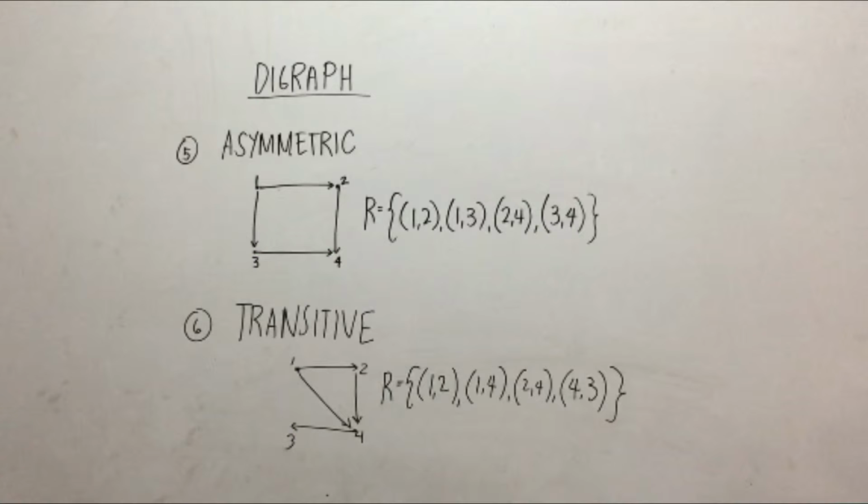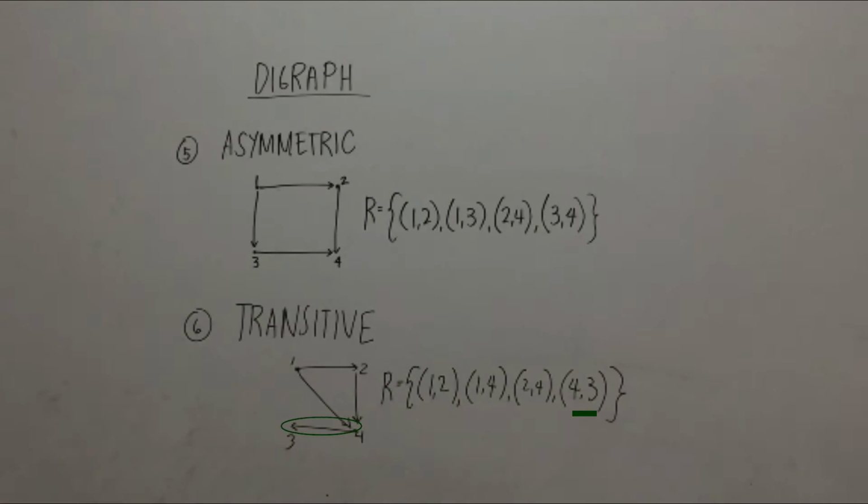Example 6 shows the pair 1 and 2, so an arrow from 1 to 2 is formed. Next pair is 1 and 4, so an arrow from 1 to 4 is formed. Next pair is 2 and 4, so an arrow from 2 to 4 is formed. Lastly, the pair 4 and 3, so an arrow from 4 to 3 is formed.